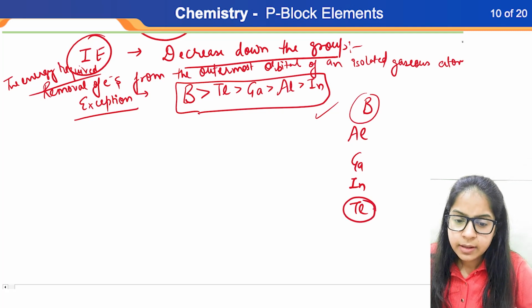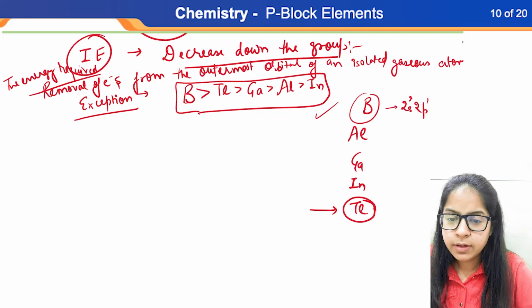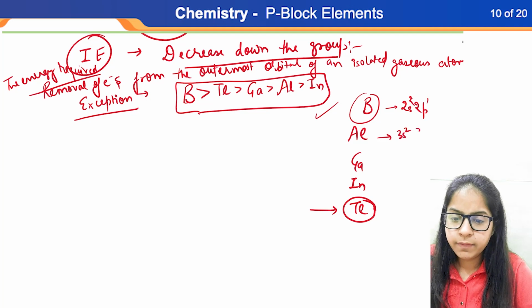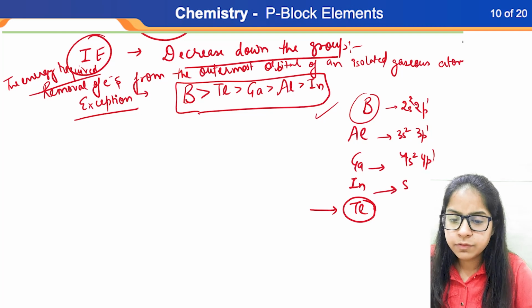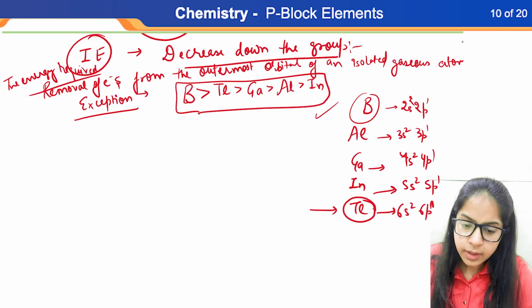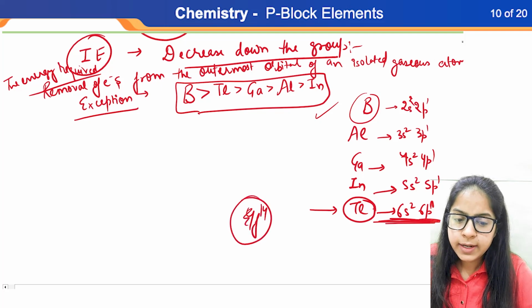But here, before thallium, before filling of 2s2 2p1, 3s2 3p1, 4s2 4p1, 5s2 5p1, 6s2 6p1, before filling of these orbitals, there are 14 f electrons.